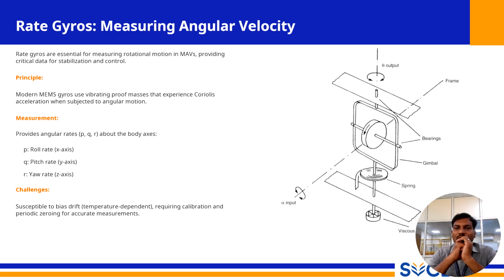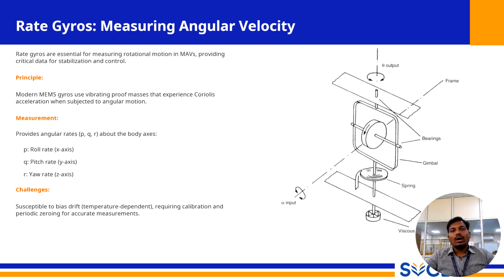Specifically, P is the roll rate about the x-axis, Q is the pitch rate along the y-axis, and R is the yaw rate along the z-axis. The flight controller continuously monitors these three numbers, and if it detects a non-zero value that wasn't commanded, for instance a roll caused by wind, it will immediately adjust the motor speeds to create a counteracting torque and drive that rate back to zero.